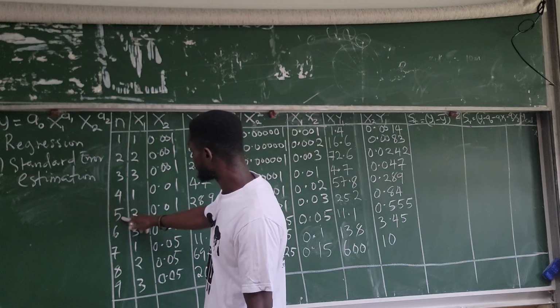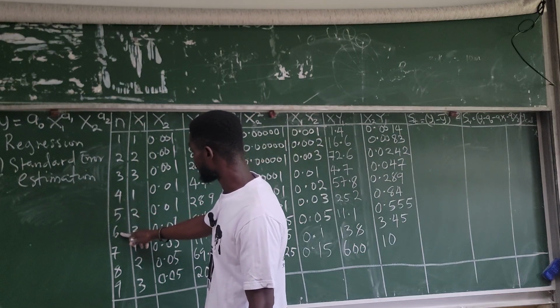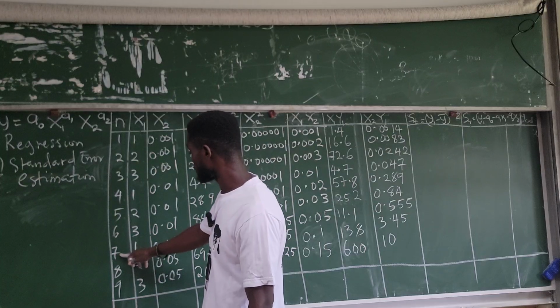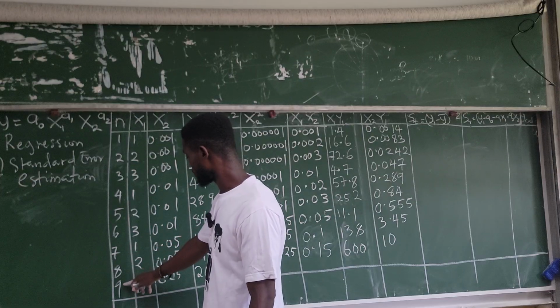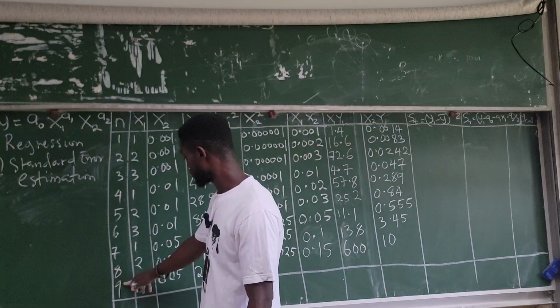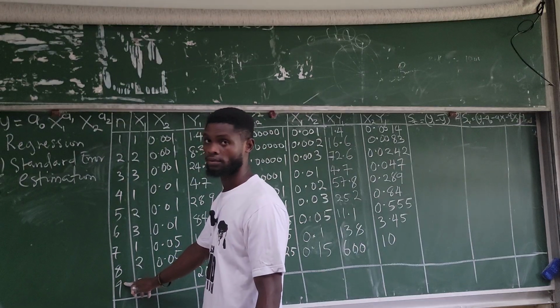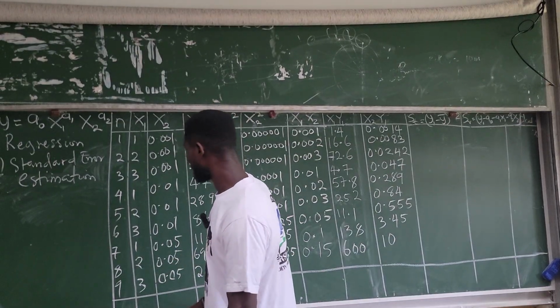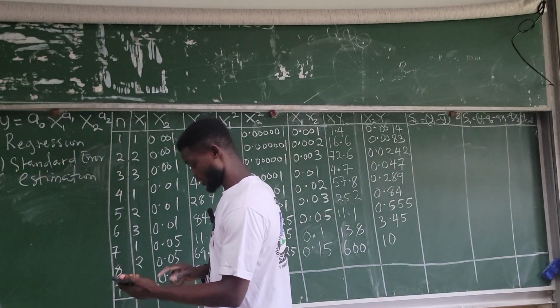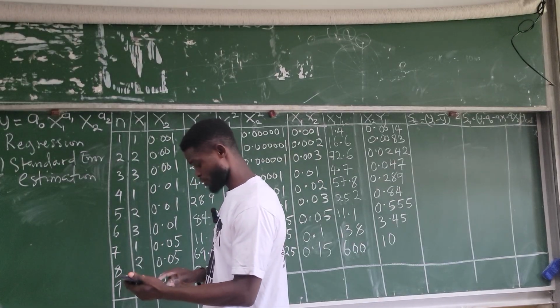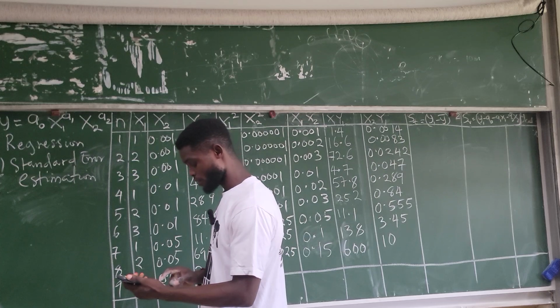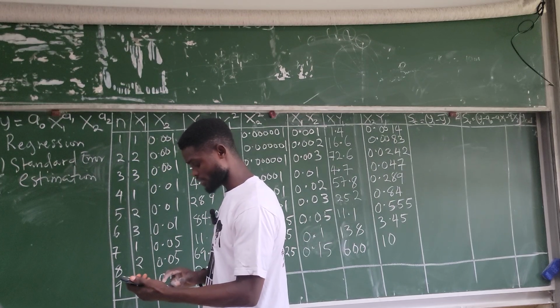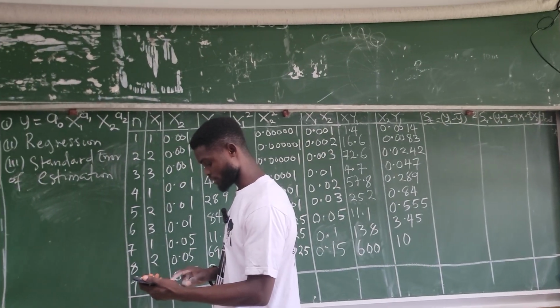10, 15, 21, 28, 36, 45. So that's 45. But you also want to confirm that is 1 plus 2 plus 3 plus 4 plus 5 plus 6 plus 7 plus 8 plus 9.